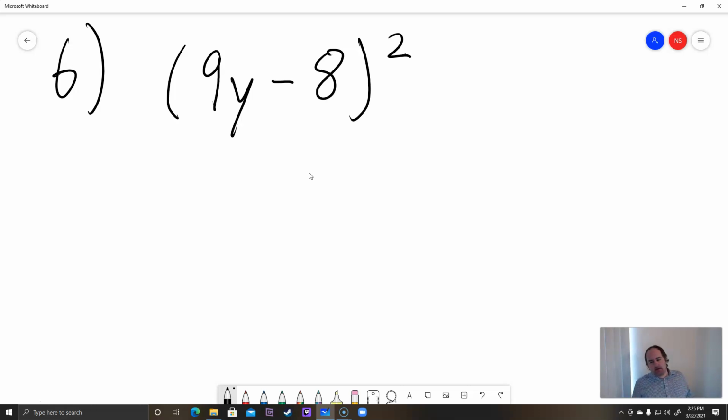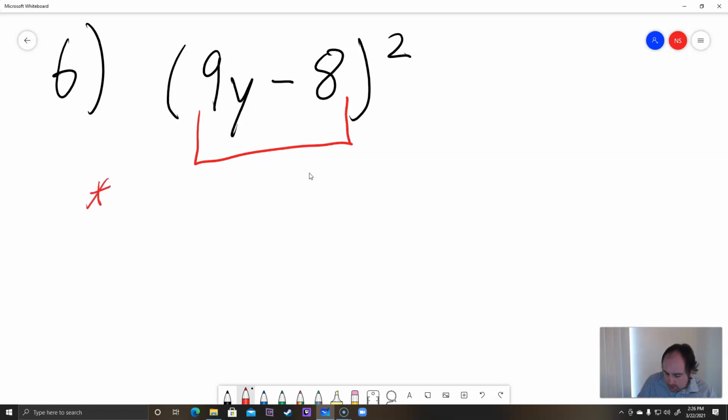So here you have to be careful. I know I've told you before that you can distribute the square or you can distribute the exponent. However, remember when I taught you that rule, you had to have only one term. The problem is here we have two terms, which means we can't distribute the square.